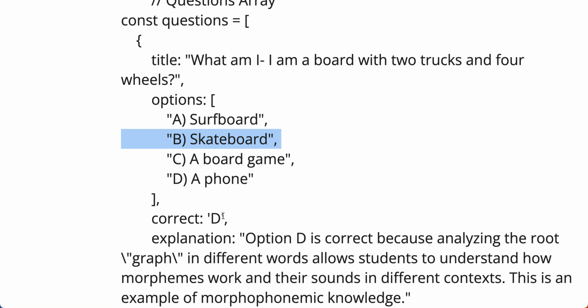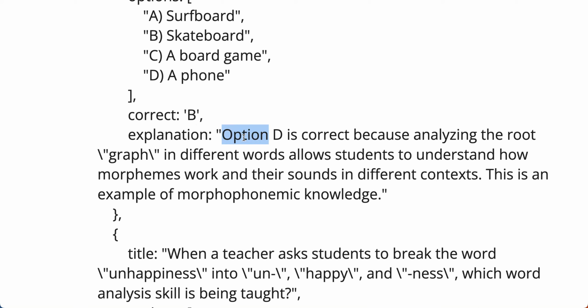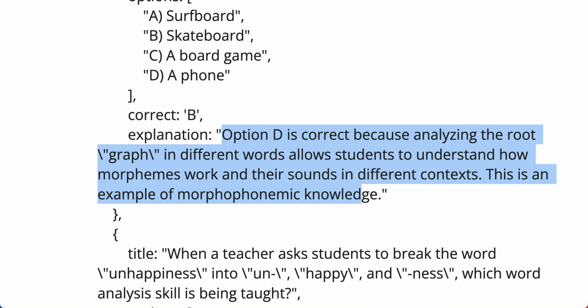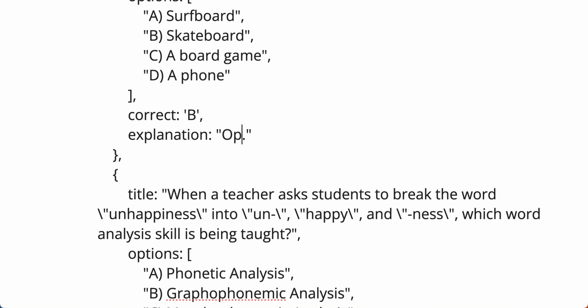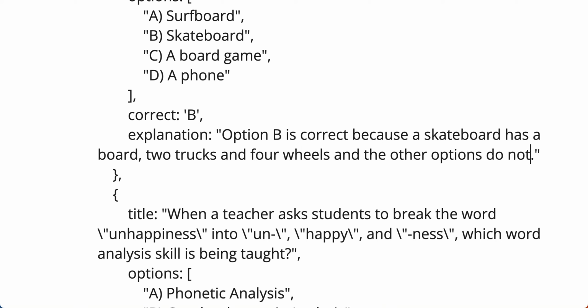So what you want to do is you want to tell the computer that option B is correct. And I like to give my students an explanation. So what you're going to do is you want to put the explanation down below here. And so it might be something like, option B is correct because a skateboard has a board, 2 trucks, and 4 wheels, and the other options do not.